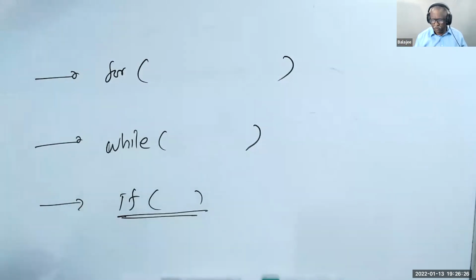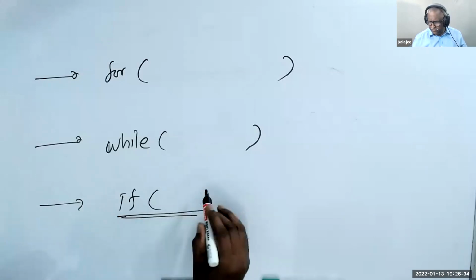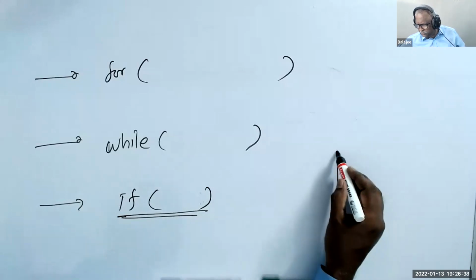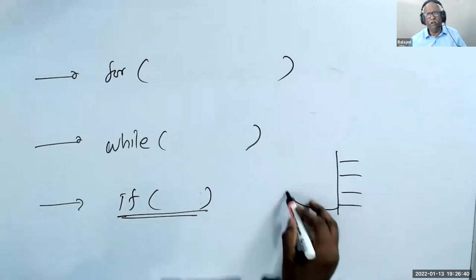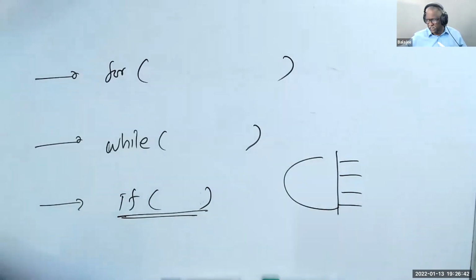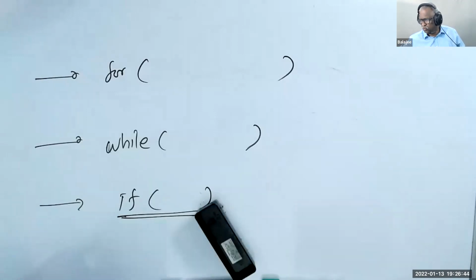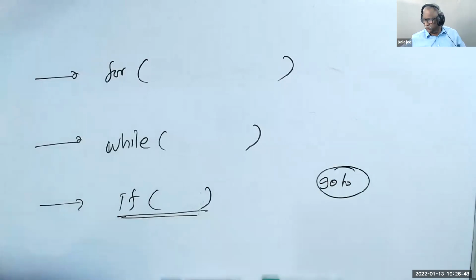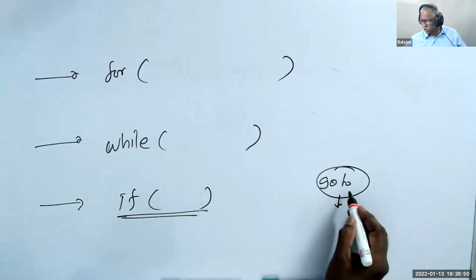When I say if, this condition, we check only for true or false, not for looping. We generally do not use goto in programming. But unfortunately, this is a very good tool for learners.